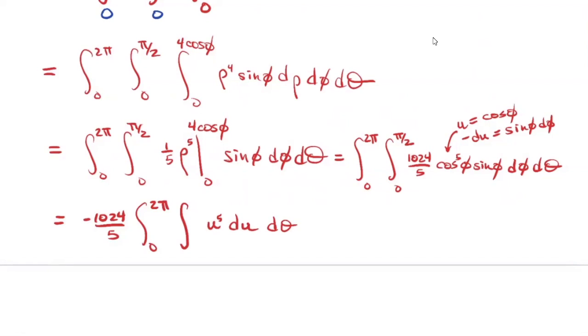Now the limits. When phi is 0, u is cos phi, and cos of 0 is 1. When phi is pi over 2, u is cosine of pi over 2, which is 0.